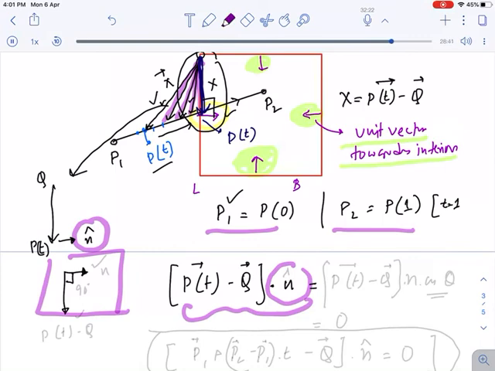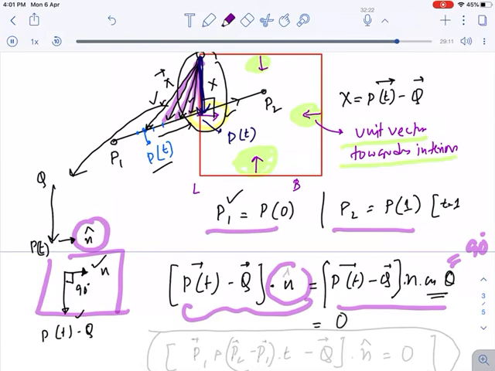The angle between these two vectors n and Pt minus q is 90 degrees. So I can write it as Pt minus q into n cos theta, and this theta is 90 degrees, so it will become cos 90, and this entire term will become equal to 0.